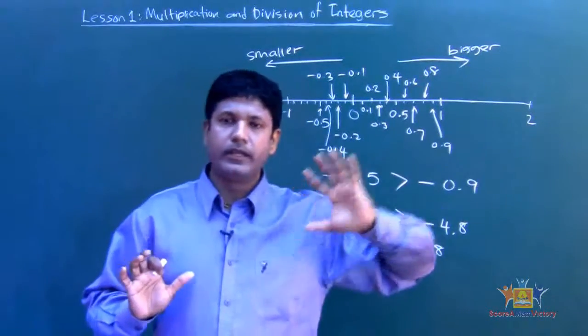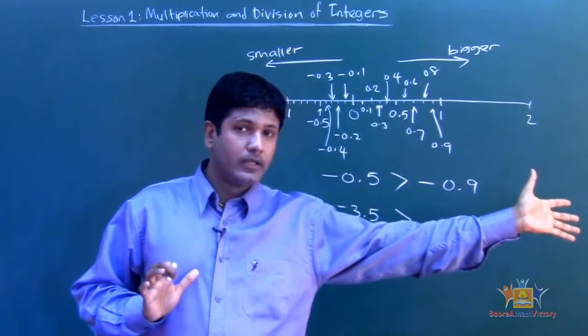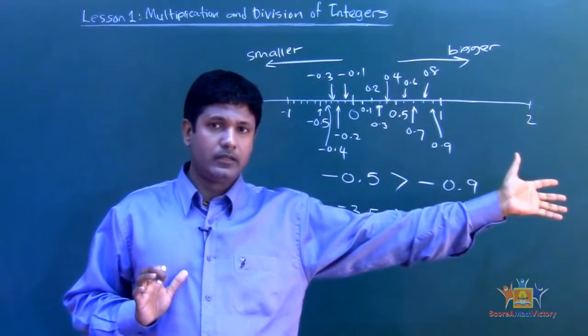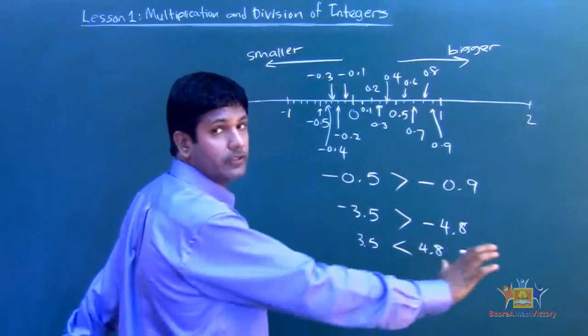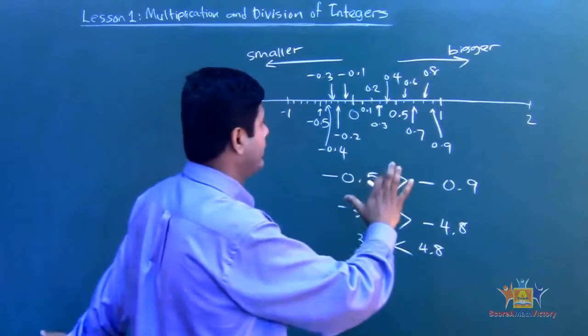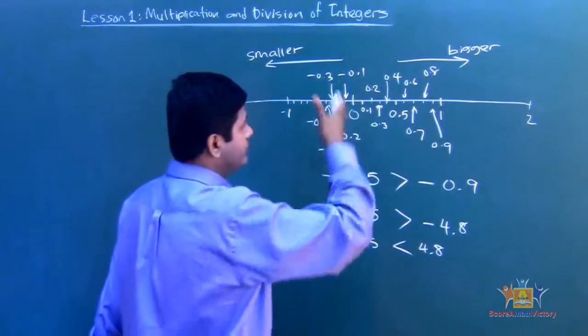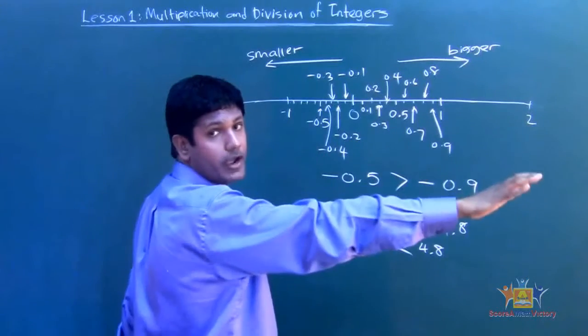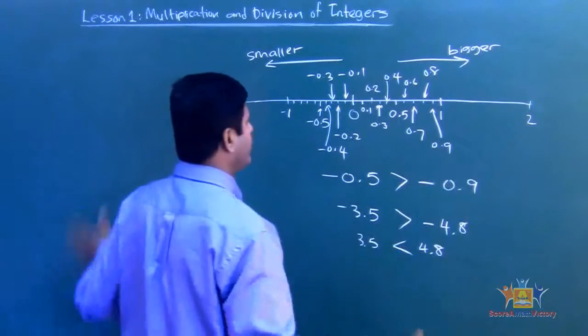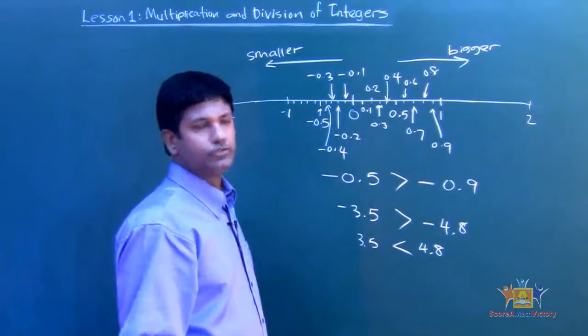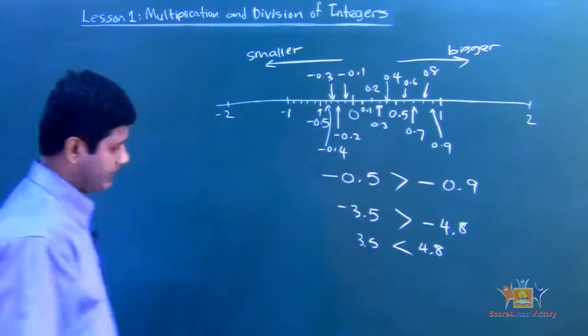When you go to the right, the number gets bigger. When you go to the left, the number gets smaller. So that's just an example right there.